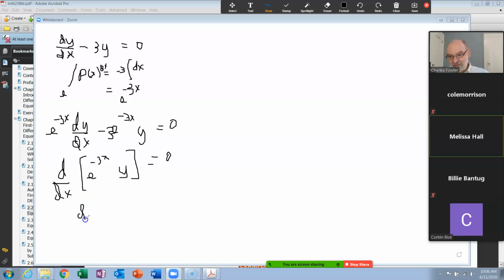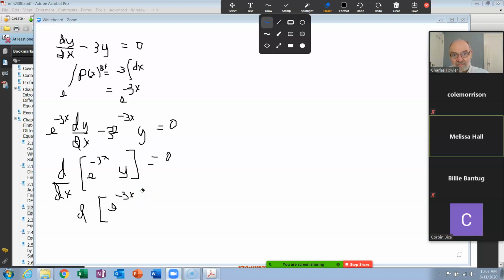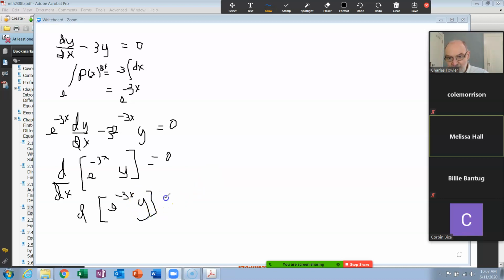On this side, it's the d of this thing, e to the minus 3x y is equal to 0 dx. Now that seems stupid to write, but I'm going to do it anyway. Later problems, you'll actually have something there, so I'm just going to do it this way.